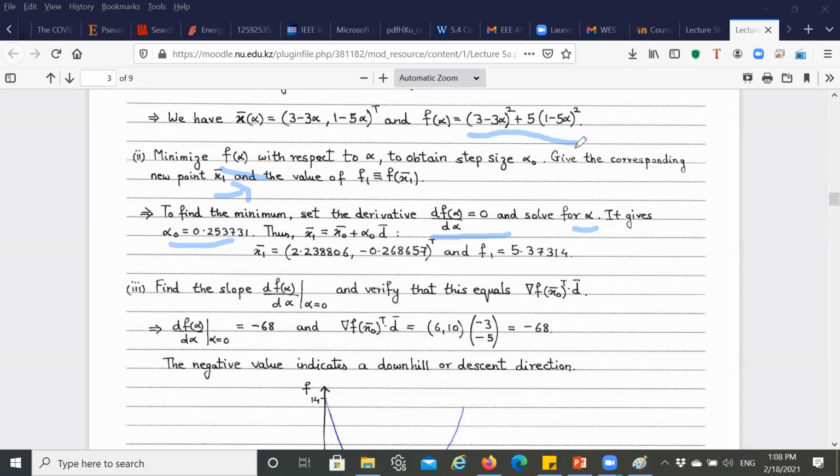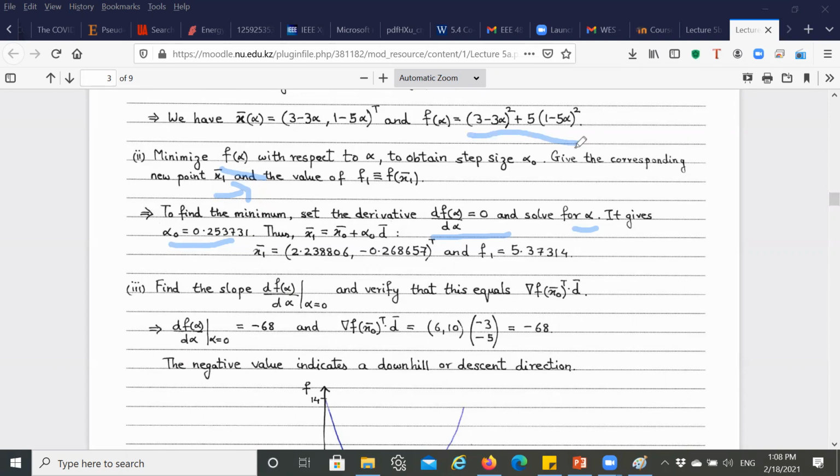Let me do it. The derivative of f of alpha with respect to alpha would be -6 plus 10, 1 minus 5 alpha times -5 minus 50.